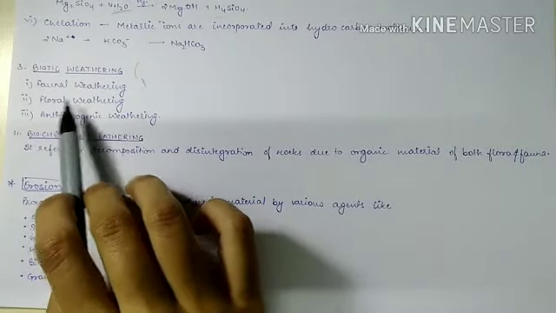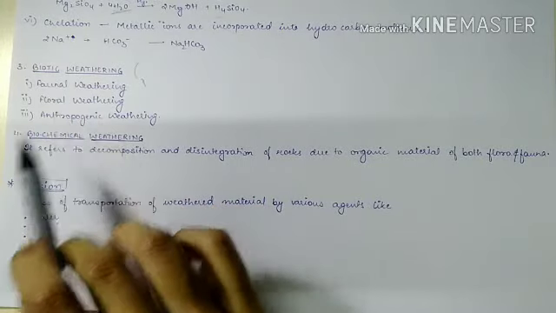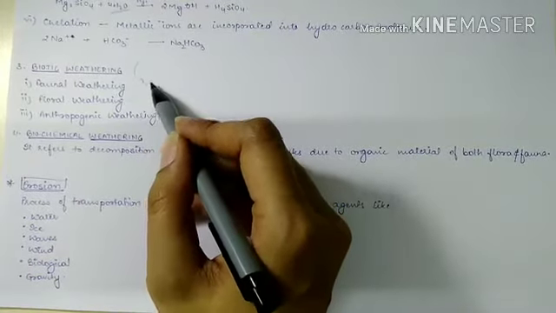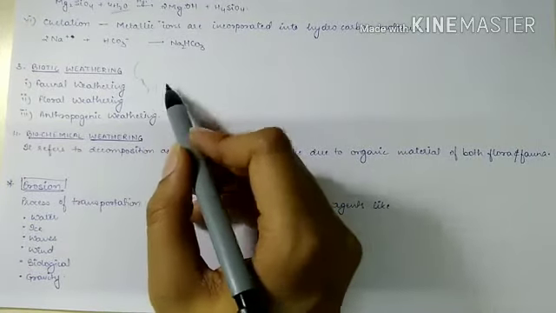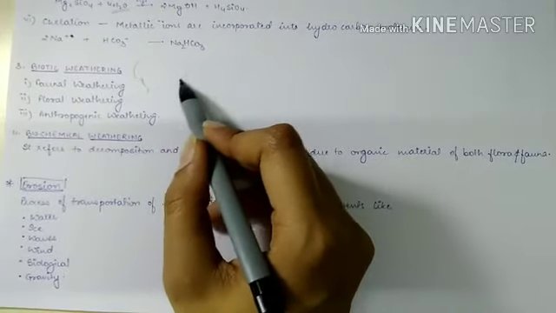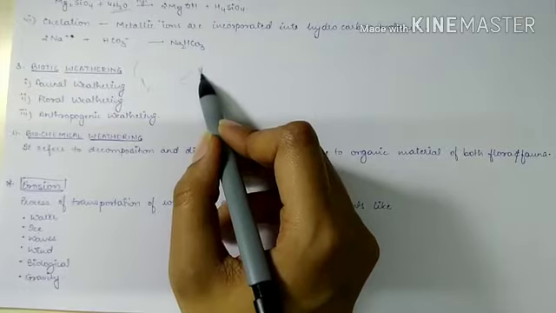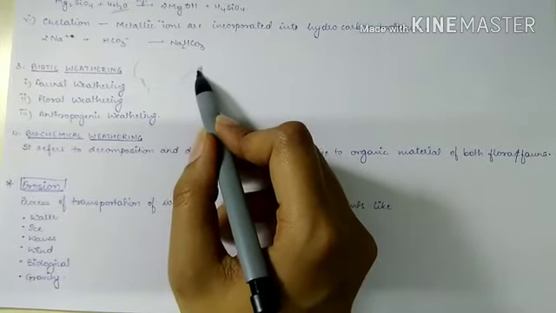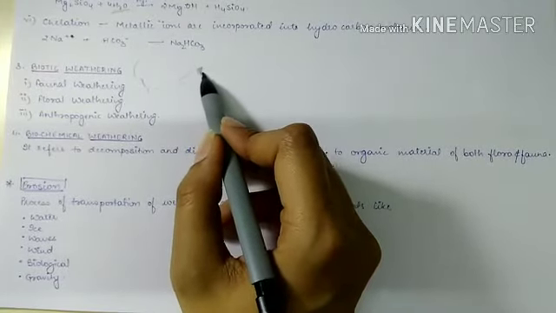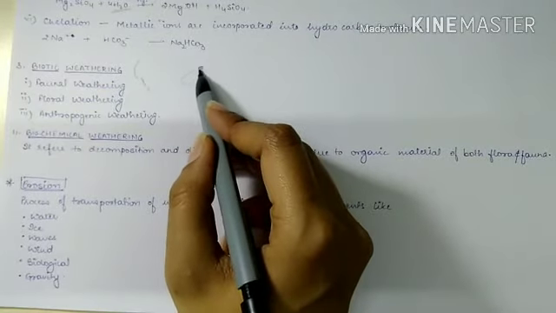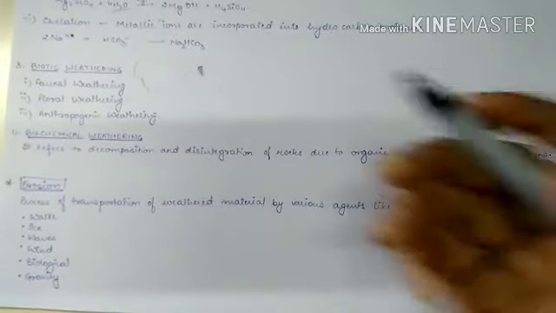Next is floral weathering. I told you it happens in two ways. First is physical. In this we have two types of roots of plants. First is the taproot. In a taproot, we have one basic root, and then we have fibers all over it, like the example of carrot.